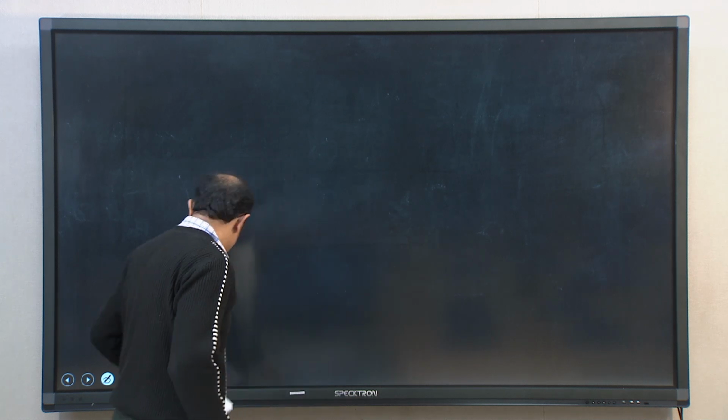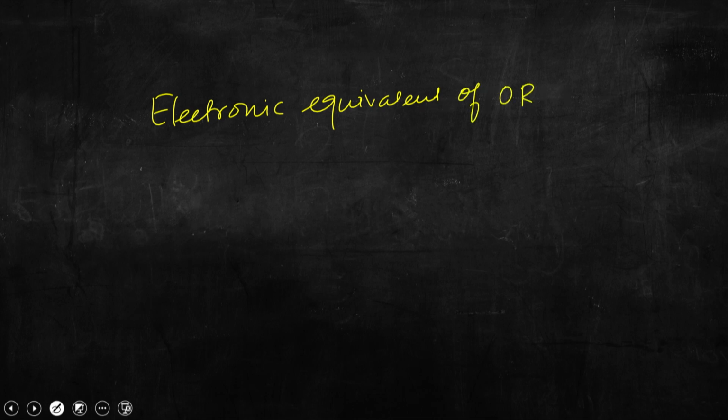Okay. So, let us discuss discrete OR gates. So, the electronic equivalent of the OR gate, that is what we should discuss.